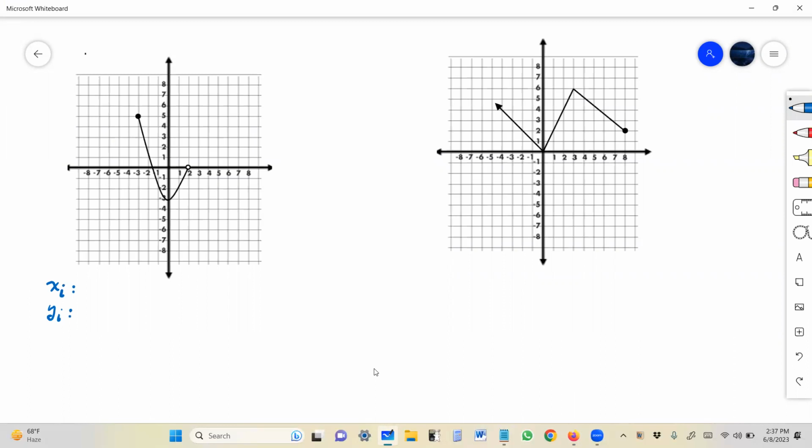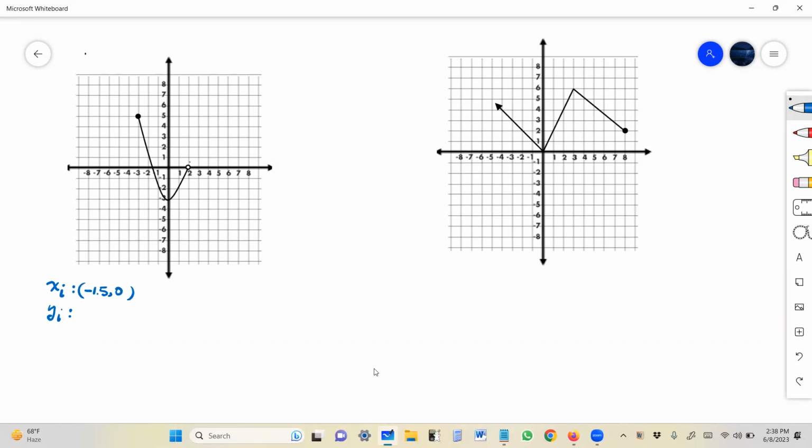Okay, so the x-intercept again is the location where the graph crosses the x-axis. So it's right here at this location. Okay, so let me just erase that so that you can see. So the location seems to be -1/2. So you would write (-1/2, 0).